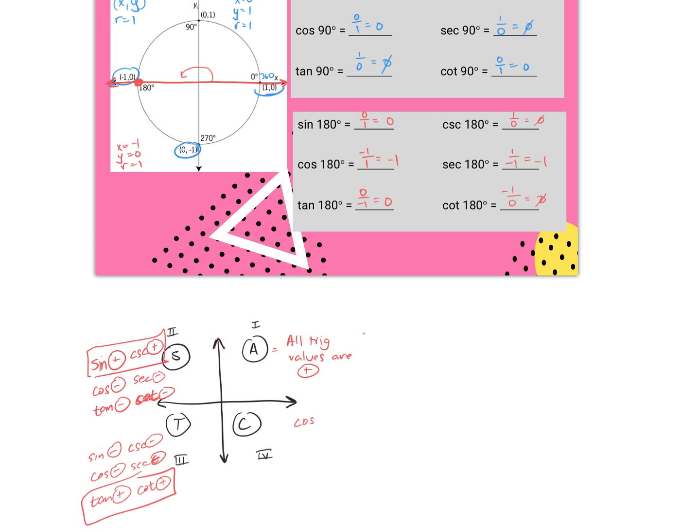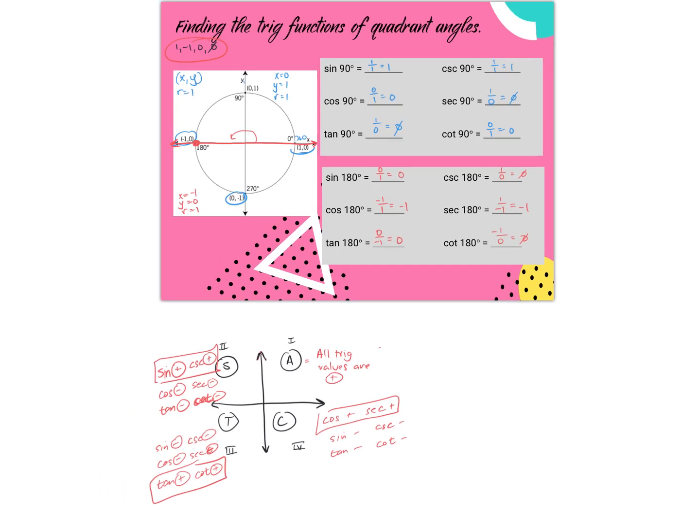So cosine is positive, as is its reciprocal secant, okay? So sine would be negative, cosecant would be negative, tangent would be negative, and cotangent would be negative as well. So this is going to help you to figure out what is positive and what is negative in each one.